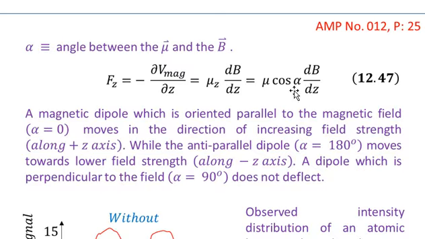So it means that you can see that this force, which will act along the z direction, is equal to mu into cos of alpha into dB over dz.